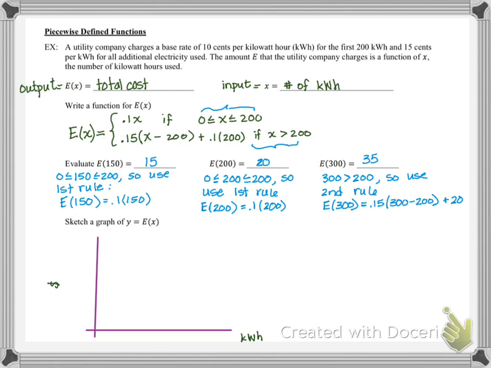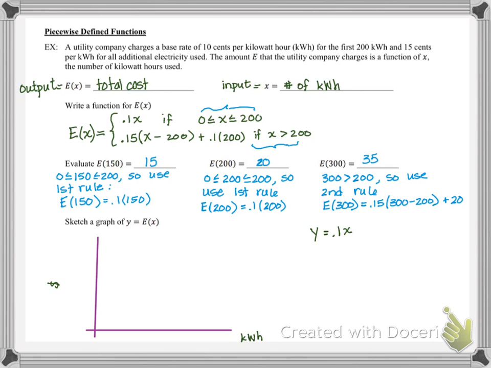And what we want to think about is, okay, I know how to graph y equals 0.1x. You guys know how to graph that too, right? You could make a table of values, or you could say, oh, that's linear because there's no exponent or square root or anything, and so it's got a slope of 0.1, a y-intercept at 0, 0. You could graph it that way.